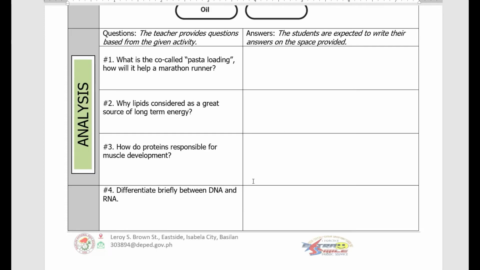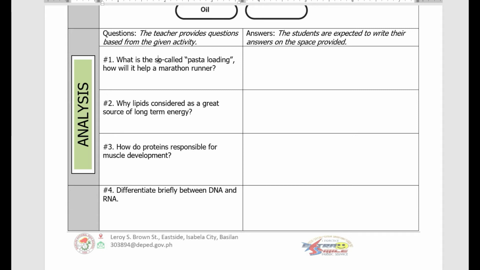In the analysis, there are 4 questions posted here. So you just have to answer this in the space provided, or if you need an extra sheet, you can just add. Now, number 1, what is the so-called pasta loading? How will it affect a marathon runner? In short, how will it affect a certain athlete?